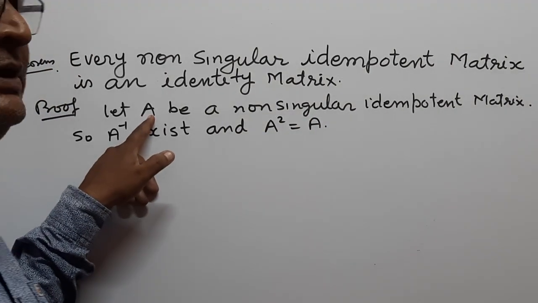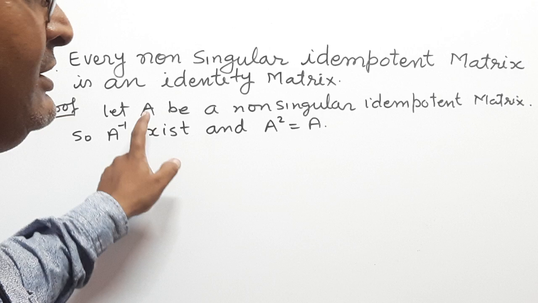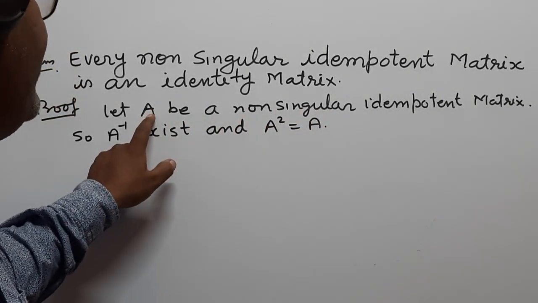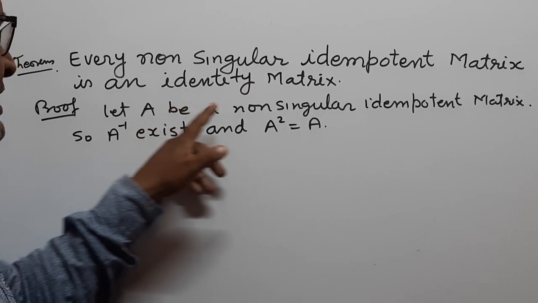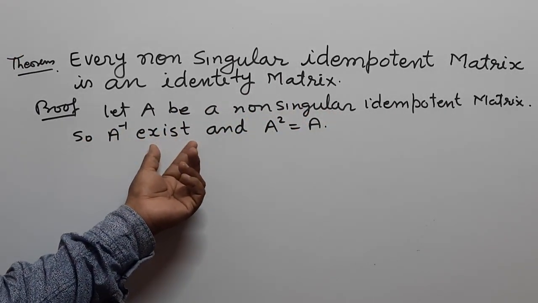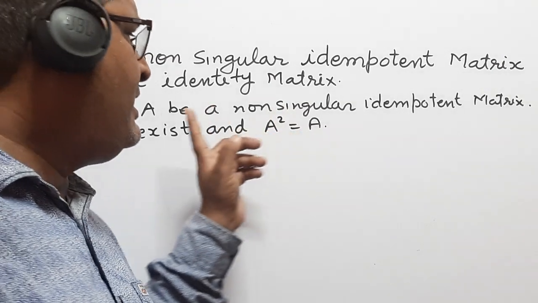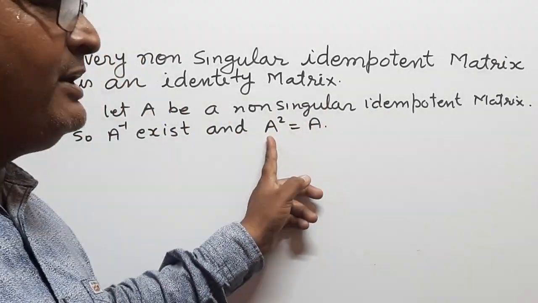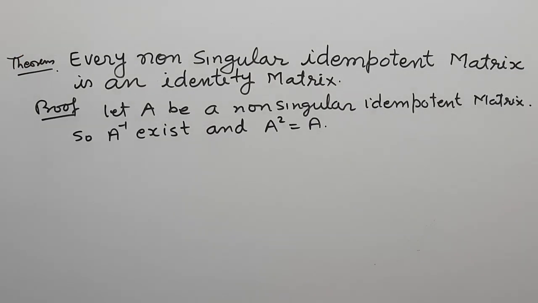We know that if the matrix is non-singular, then the inverse of that matrix exists. Here we suppose that A is non-singular, that means A inverse exists, and A is idempotent, that means the square of A matrix is equal to itself.